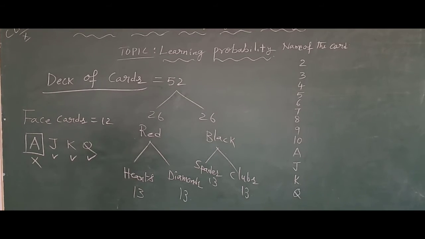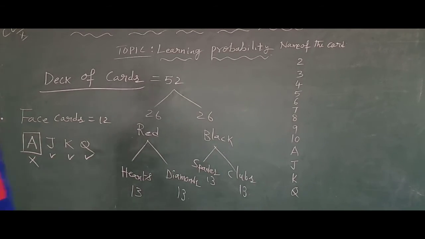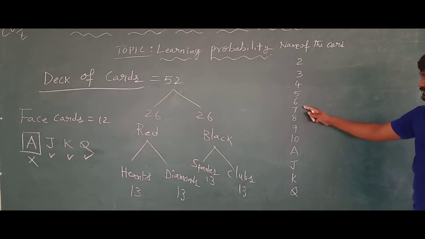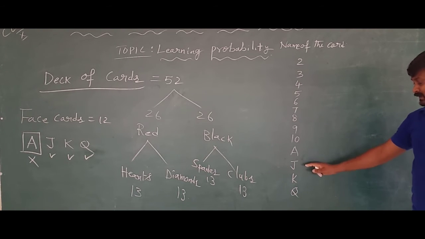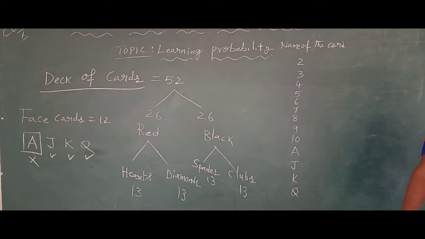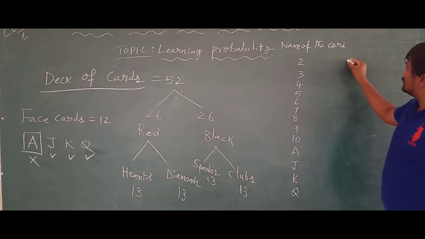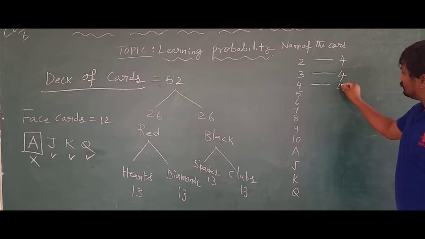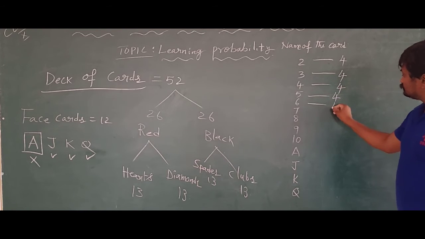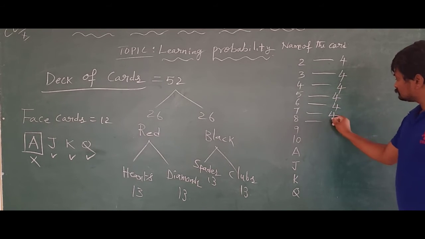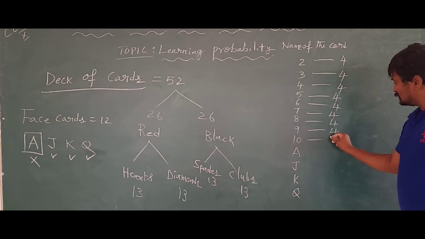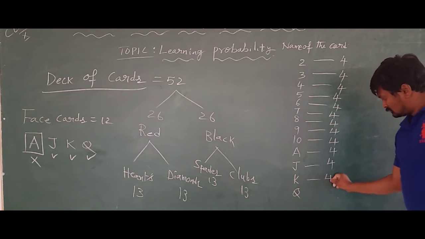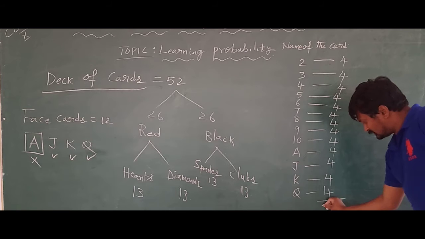Let me discuss in table form the name of the card. Here are 2, 3, 4, 5, 6, 7, 8, 9, 10, A, J, K, Q, and each card has 4. 2 has 4, 3 has 4, 4 has 4, and so on up to A, J, K, Q, all together 52.